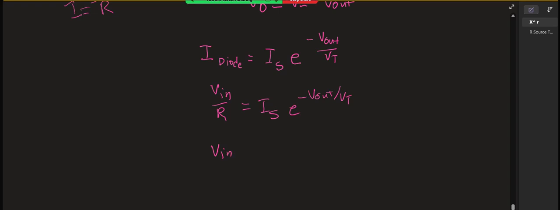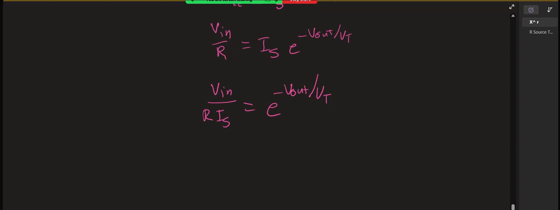Divide by IS, equals e to the minus V out over VT. Take the natural log.